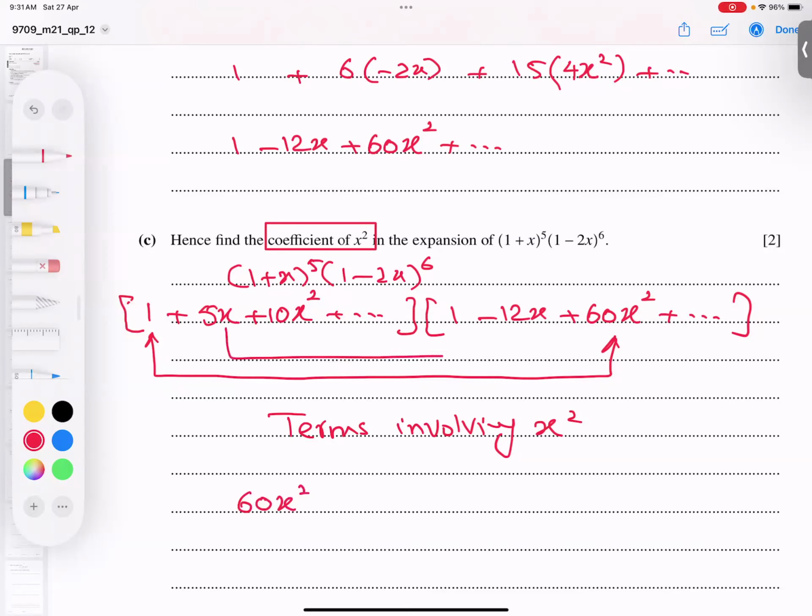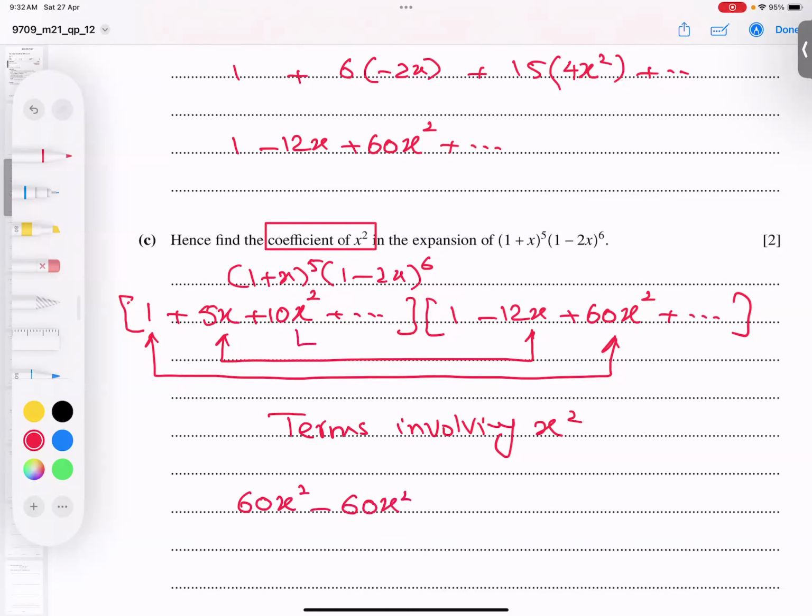This x multiplied with the 1, I get x. x times x, I get x squared. x times x squared, I get x cubed. So this is better to multiply with them. This is becoming negative 60.